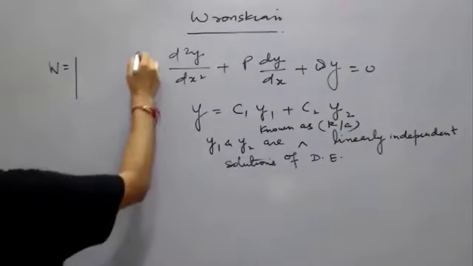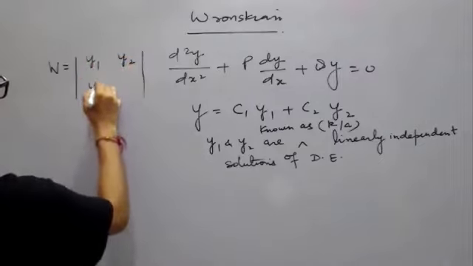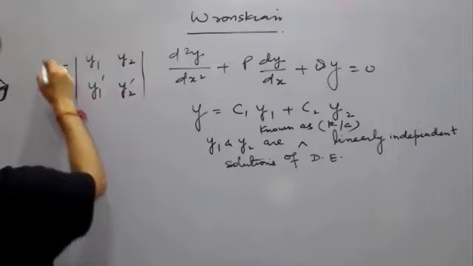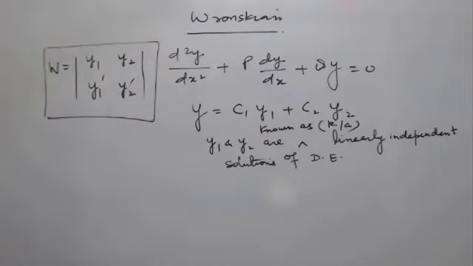So how will this W look? Y1, Y2, Y1 dash, Y2 dash. This determinant value is known as the Wronskian.